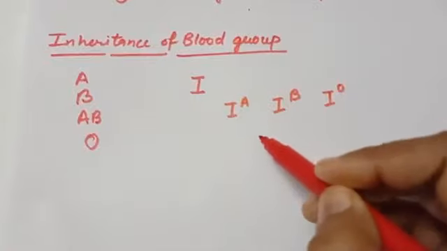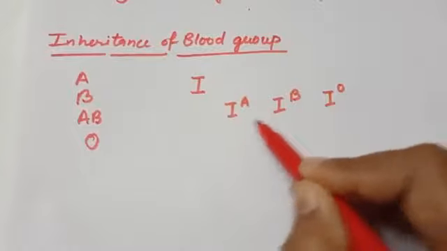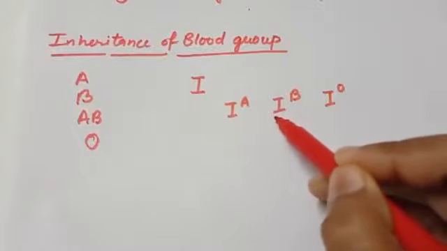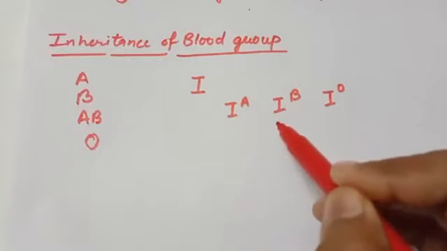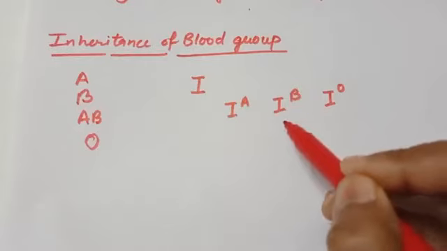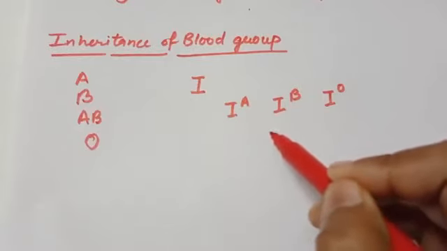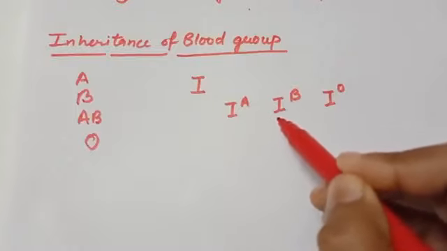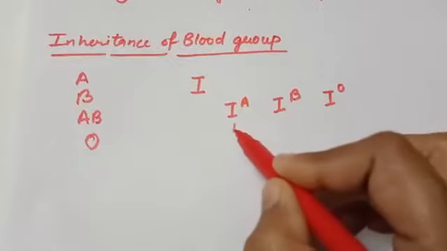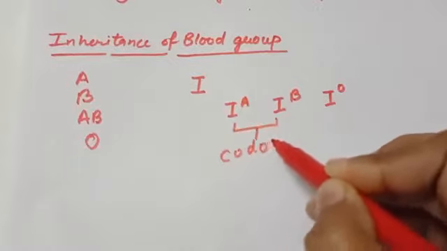Here the genes IA and IB do not dominate each other, and they produce their effect in an individual. So whenever these two are present, both of them will show their effect. That is why these two are called co-dominant.